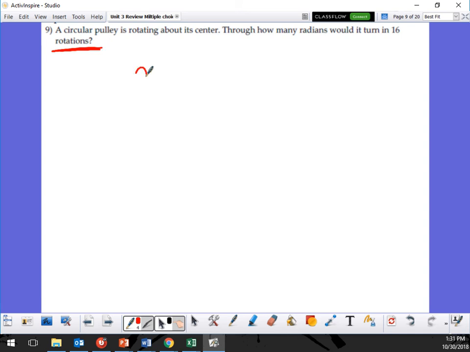So 2 pi, but how many of those do I have? So I'm going to do this, which is going to give me 32 pi, and so therefore my answer is D.